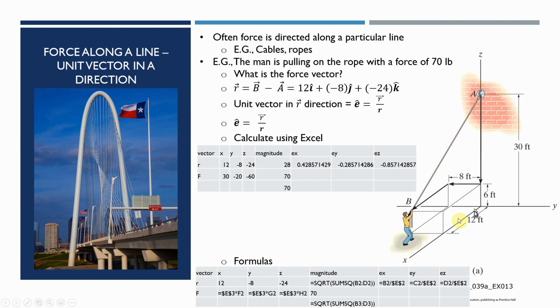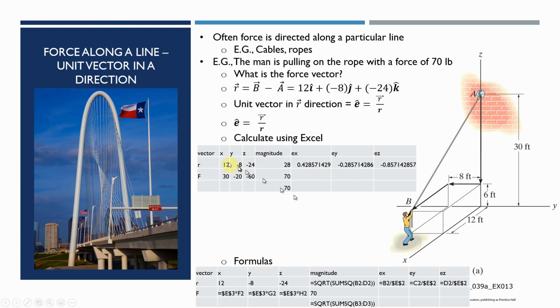So he's pulling, here's 12 feet in the x direction, negative 8 feet in the y direction, and negative 24 feet in the z direction. We create a unit vector that is a directional vector pointing from A to B. That's what this is all about, right here. And since it's not i hat, j hat, or k hat, we just label it e. And we may subscript it.